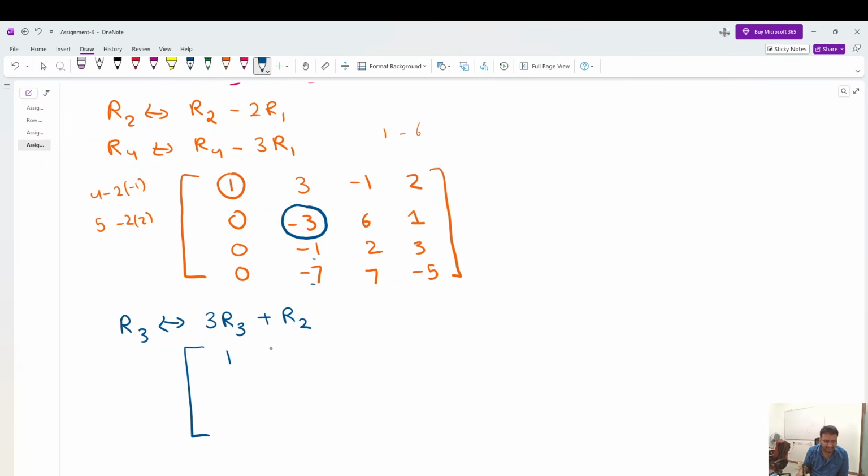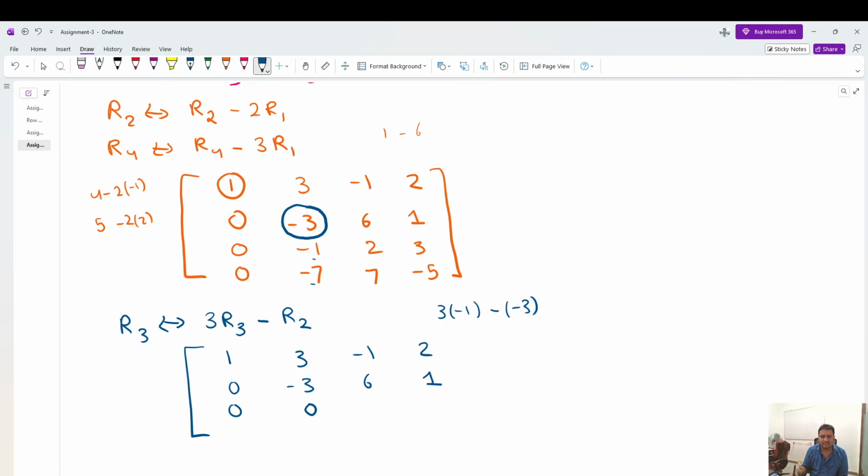So 1 is same, 3, minus 1, 2. There is no change in this row also. Now here, what you have? This will become 3. Okay, maybe I need a minus here. Yeah, see? So 3 into minus 1 minus minus 3, so it is what? 0.